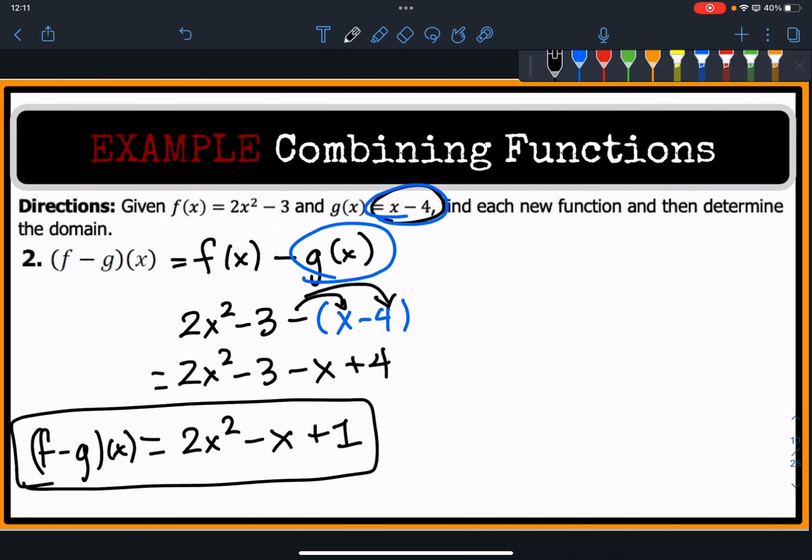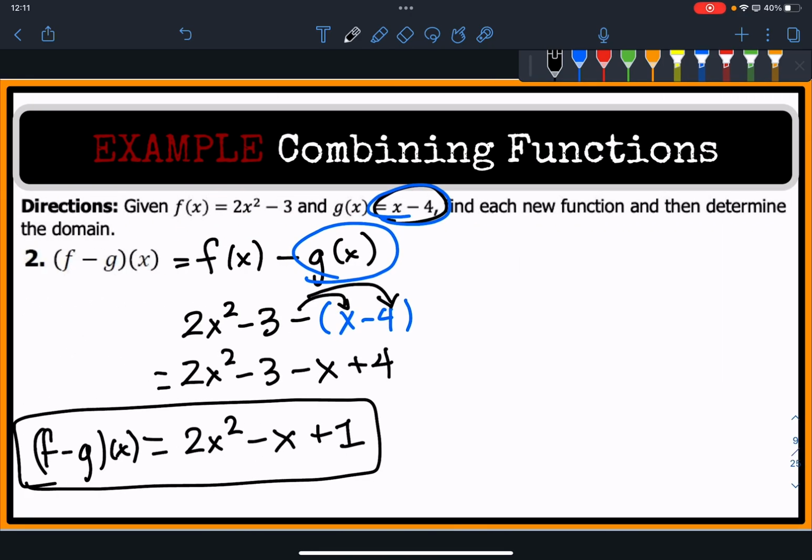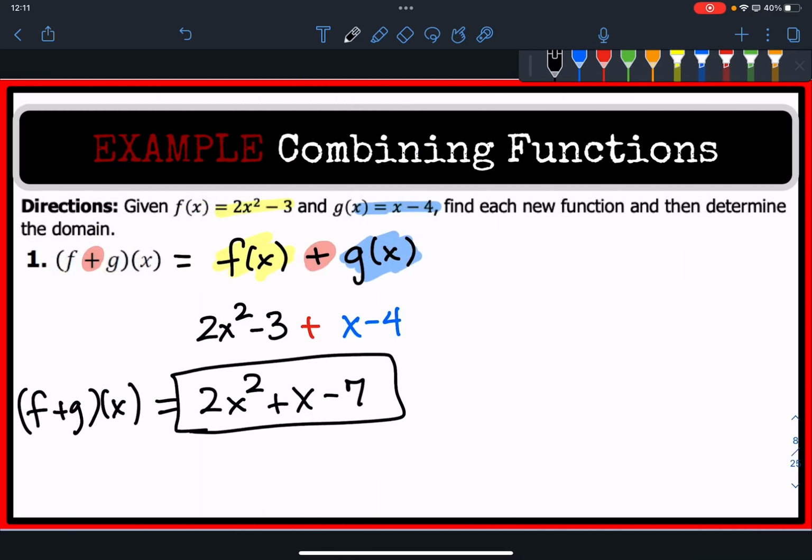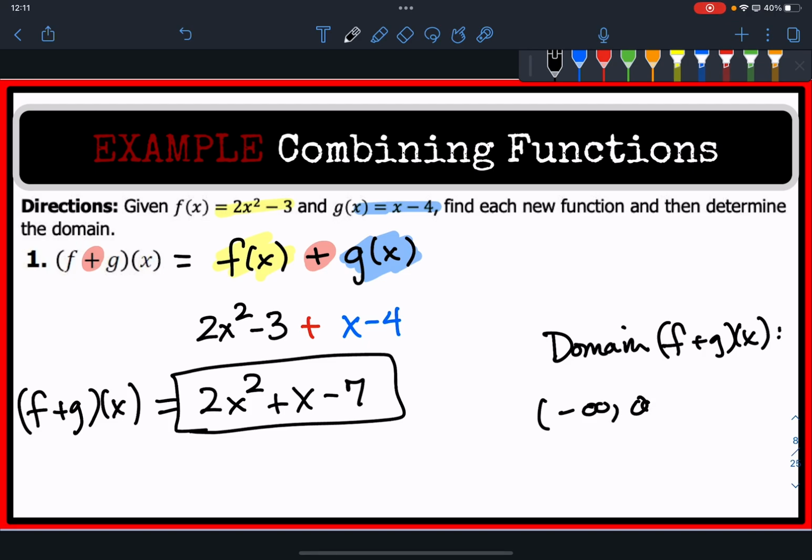And I've overlooked this. I haven't determined the domain for any of them, but the domain for all of these so far is all real numbers. These do not have any restriction because I'm not dividing again. There's no possibility of having this be undefined, since there's no way of plugging in an x that will end up dividing by 0. So all real numbers.